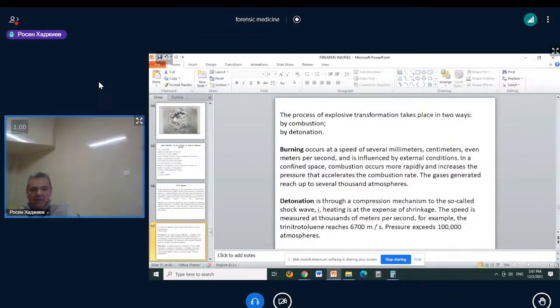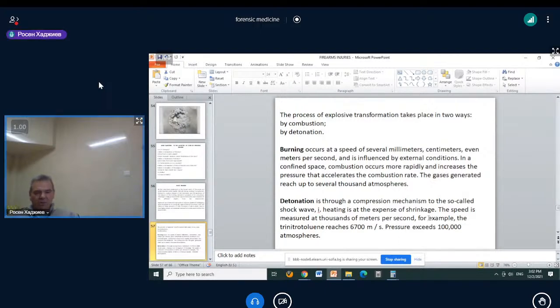We can distinguish two processes. The process of explosion takes place in two ways. The first way is by combustion, and the second way is by detonation. The difference is in the speed. Burning occurs at a speed of several millimeters, centimeters, and meters per second, and it's influenced by external conditions.